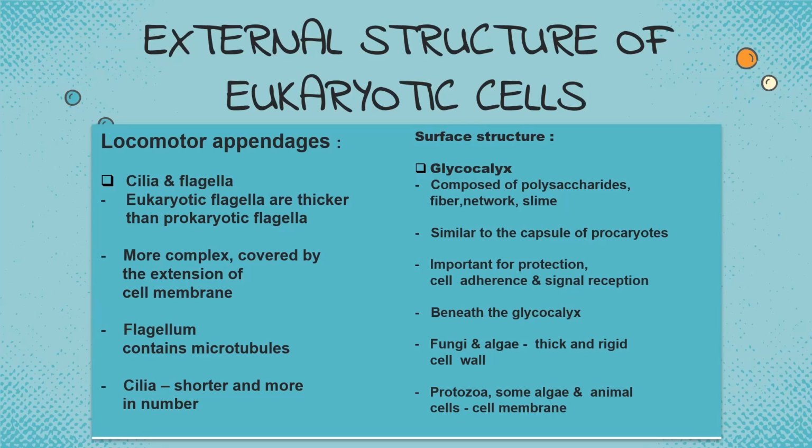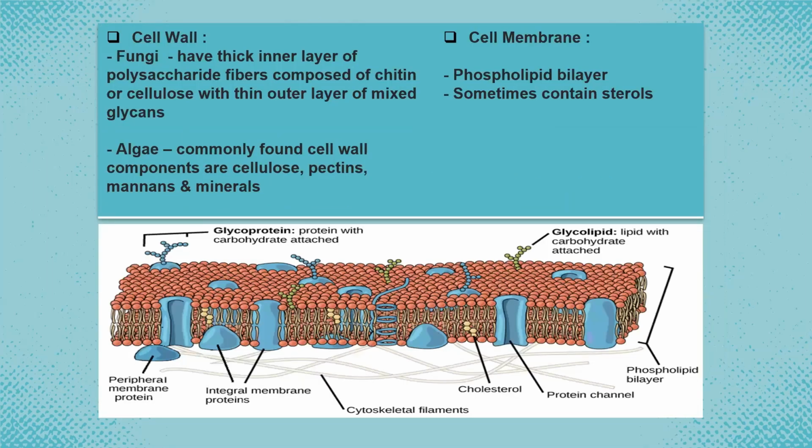Its location is beneath the glycocalyx. For the fungi and algae, the surface structure is a thick and rigid cell wall, and protozoa, some algae, and animal cells have a cell membrane. For the cell wall, fungi have a thick inner layer of polysaccharide fibers composed of chitin or cellulose with a thin outer layer of mixed glycan.